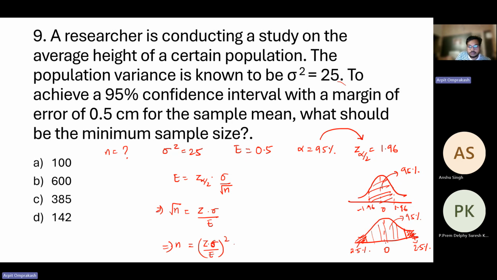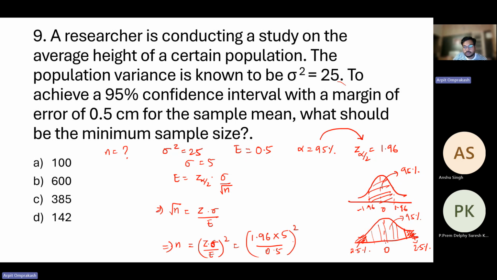Right. So this will be equal to Z is 1.96 into sigma, where sigma square is 25, which means sigma is equal to 5. So 1.96 into 5 divided by E, here 0.5, whole square.